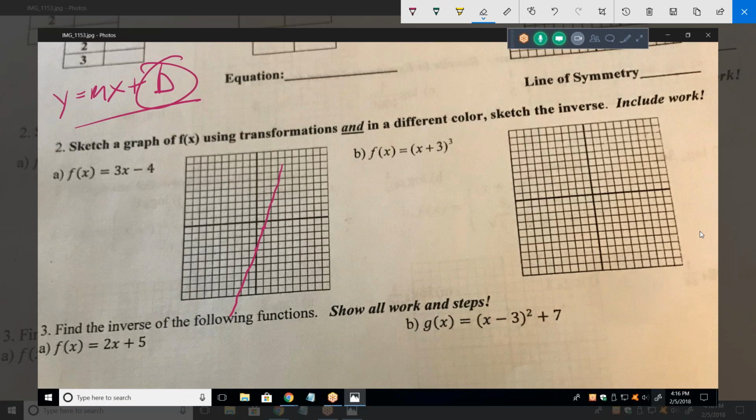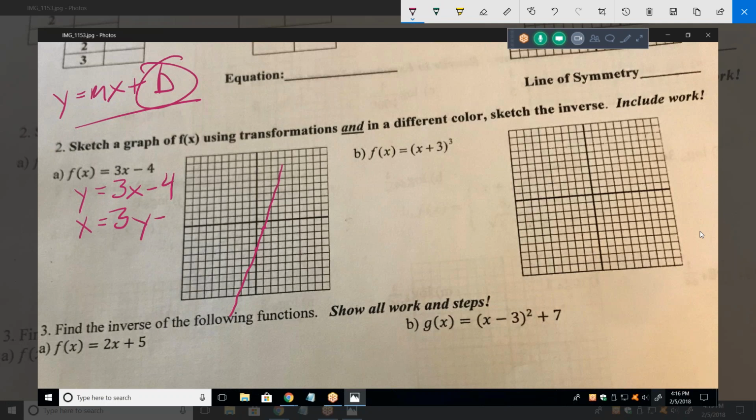But notice this does not start out in y. So really the first step is to call f of x y. We know y and f of x are the same thing. Now you can apply your two steps. What are they? Not flip, swap x and y. So tell me the next line.